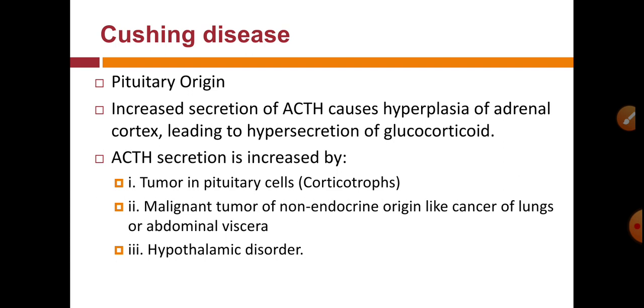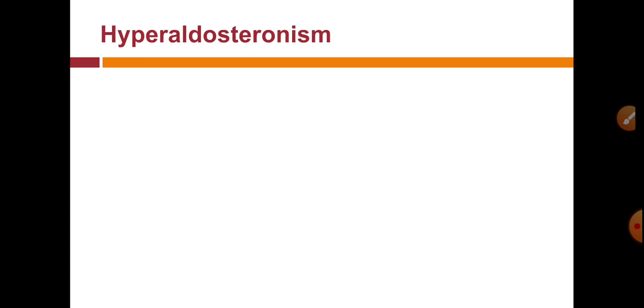So in Cushing syndrome, causes are present in the adrenal gland, while in Cushing disease causes are present in the pituitary gland or outside of the adrenal gland. The next terminology is hyperaldosteronism. We have just seen Cushing syndrome and Cushing disease, the terminologies used for hypersecretion of glucocorticoids, that means cortisol.